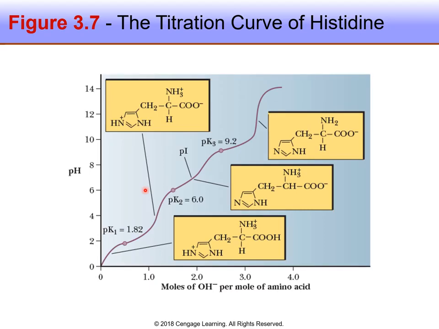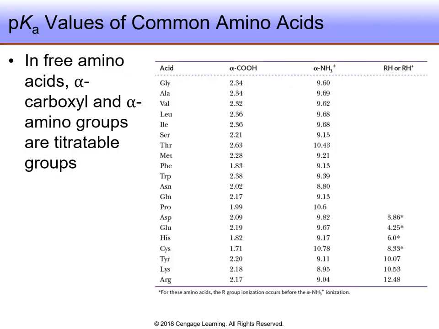Now let's define the so-called pI. pI is the pH at which the net charge on the amino acid is 0, or the number of positive charges equals the number of negative charges. It can be determined from the plot, as you can see here, or it can also be calculated using this table.